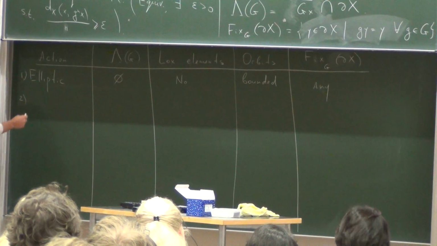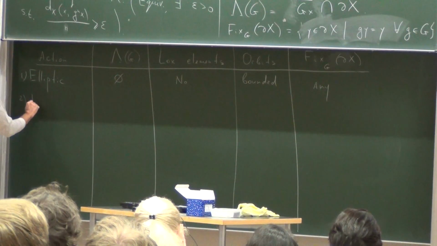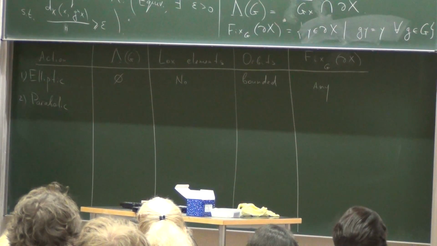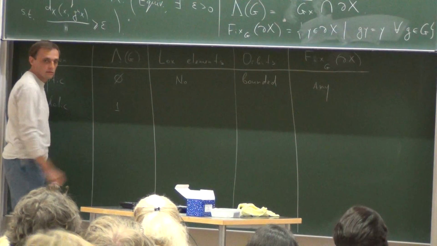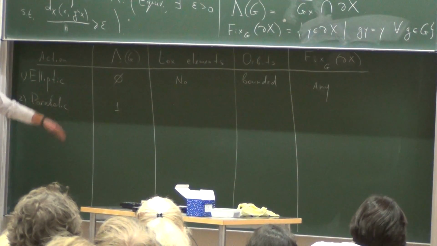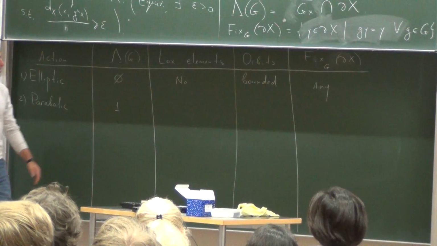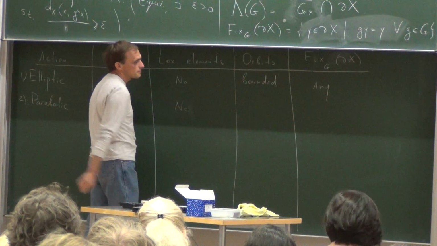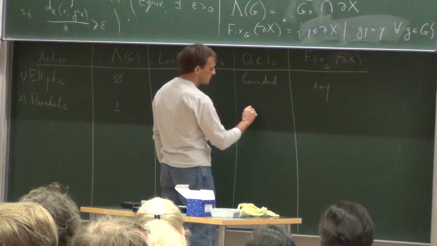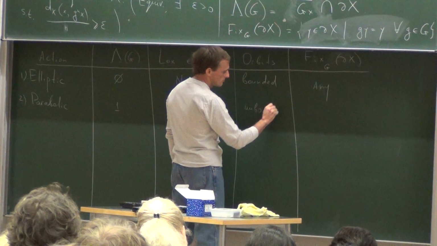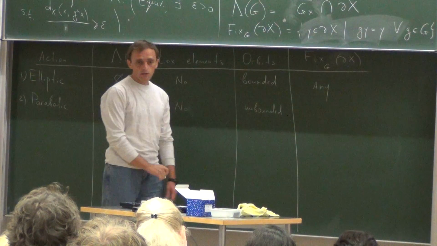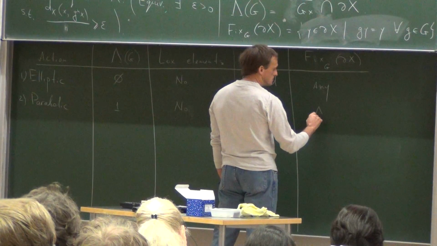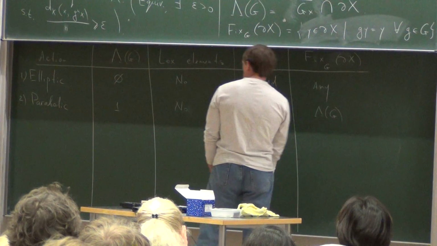So the second type of actions is called parabolic. Orbits are unbounded. And the set of fixed points coincides, well, with the limit set.